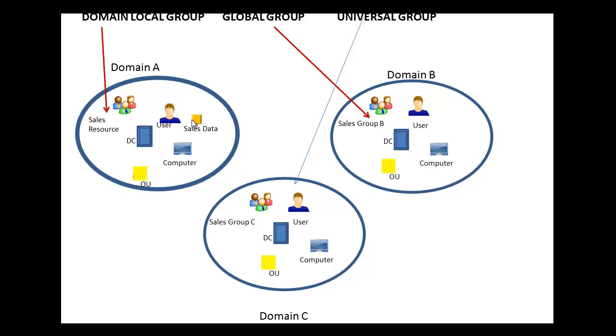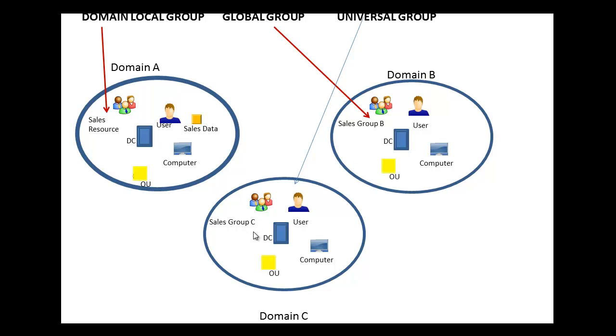Now, how would the users in domain B and domain C get access to that data? Well, over in domain B, what you need to do is to create a group. But this time, you're going to create a global security group. And in this group, you're going to place your users.